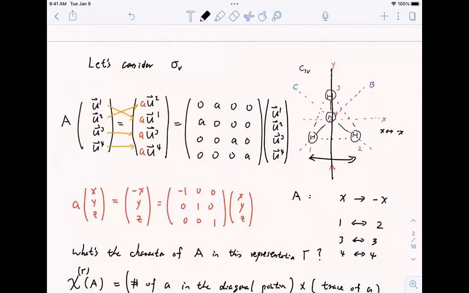In the case of this A, you can see that 1 and 2 exchange positions. That's why this will be 0. And 3 and 4 are the same, so that's why you have this 2 here.